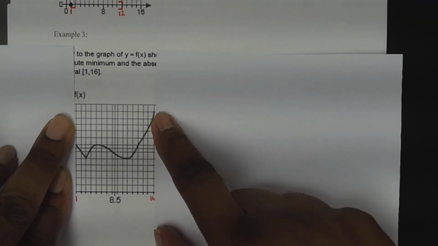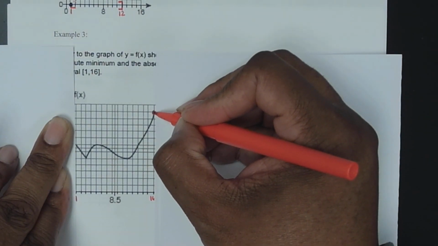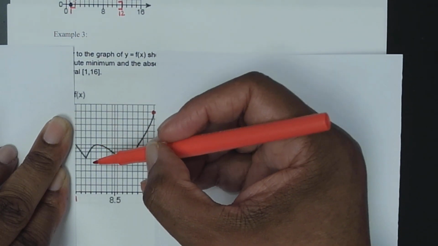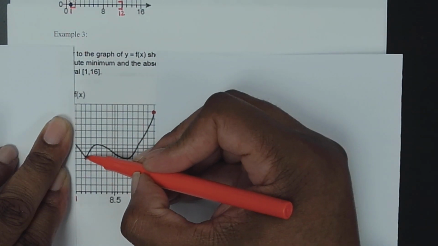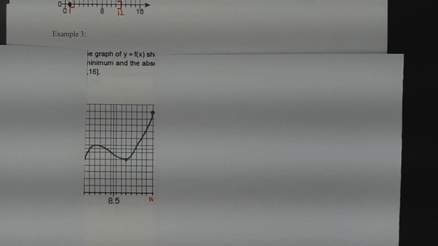Well, the absolute maximum occurs right up here. That's this point right here. And the absolute minimum, it occurs here and here. So we got 2 different places for our absolute minimum.